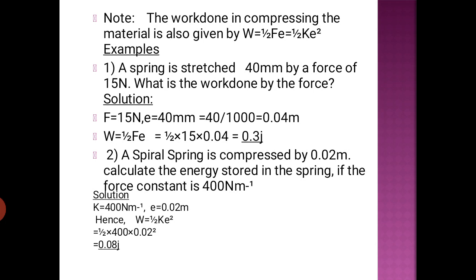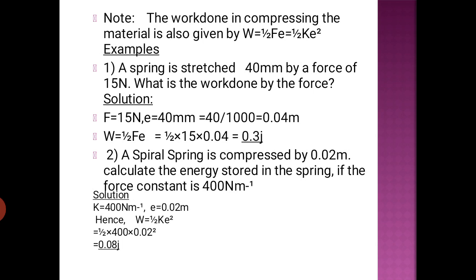Now, with all these mathematical symbols, let us put it into practice in doing some calculations. Example 1: a spring is stretched 40 millimeter by a force of 15 newtons. What is the work done by the force? Now, let us look at the solution.